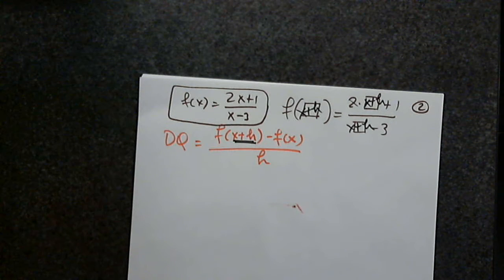It's not an x and then somewhere plus h. So f of the variable is 2 times the variable plus 1 over the variable minus 3. That's the pattern.